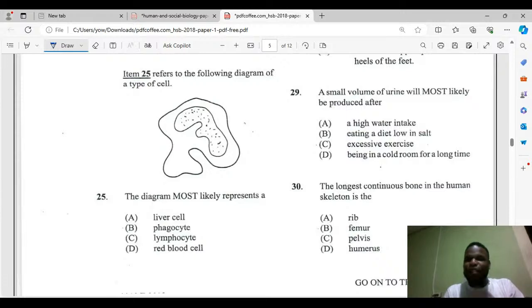No, not on paper 2. We did that during the session. Wait there. Mr. Lymphocyte. Oh, Mr. Lymphocyte. People are saying C.